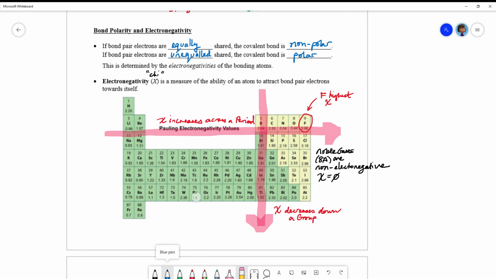What about the units for these electronegativity values? Well, they do have units. We're not going to be concerned with the units. It's way beyond the scope of this course. So I'm going to note that we're going to treat these electronegativity values as unitless.